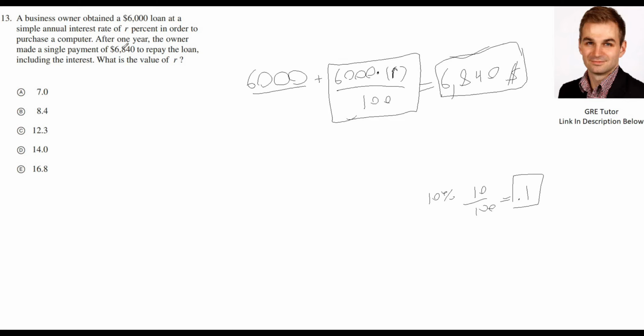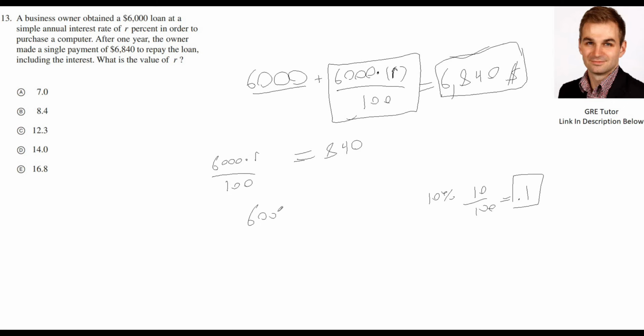So the question is, including the interest, what is the value of R? Now all you have to do is solve for R. To do that, you just subtract 6,000, so that leaves you with 840. Then you are left with 6,000 times R over 100.